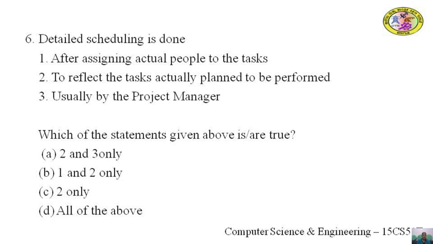Which of the statements given above is or are correct? Your options are option A, 2 and 3 only, option B, 1 and 2 only, option C, 2 only, option D, all of the above. Do you know the correct answer here?